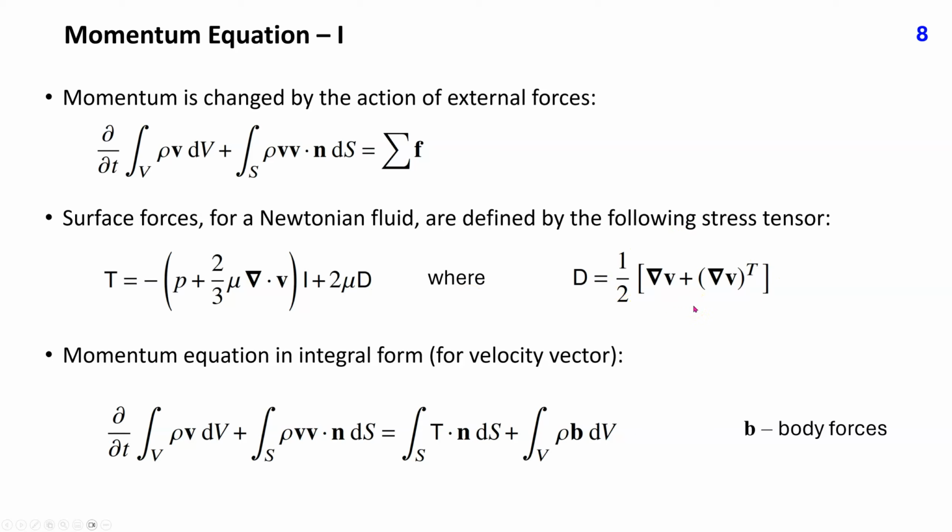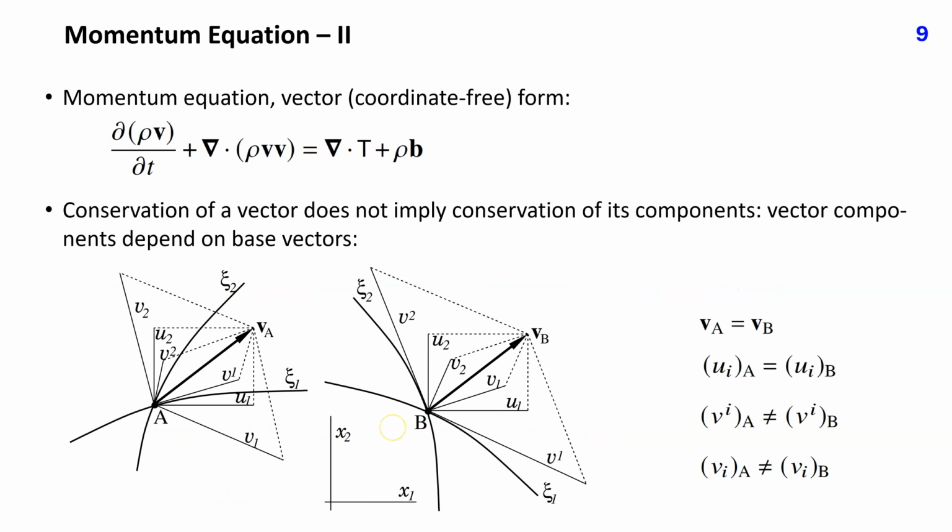Gravity is the usual body force acting on the fluid. The momentum equation in integral form looks then like this. The vector or coordinate-free form of the momentum equation for the velocity vector is given by this equation now. By introducing the appropriate definition of the divergence operator in particular coordinates, we can obtain the differential form of the equation expressed via those coordinates.